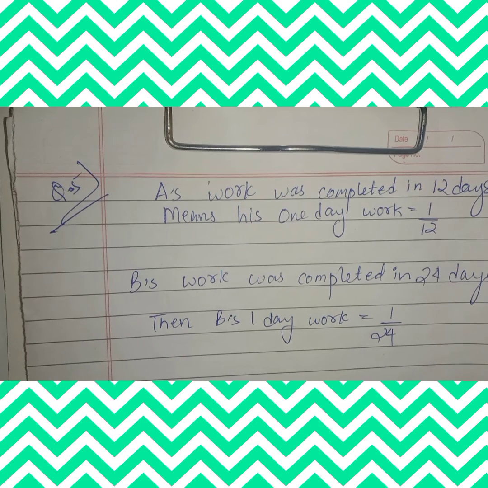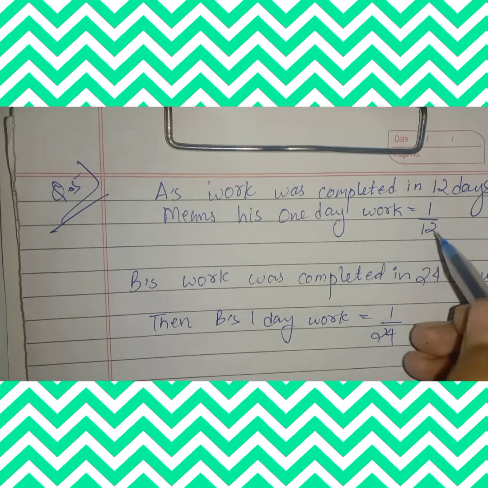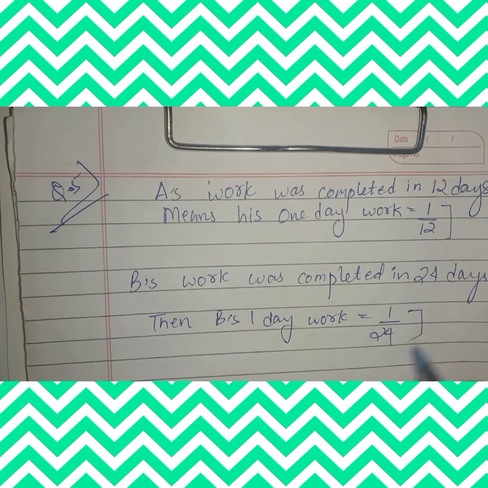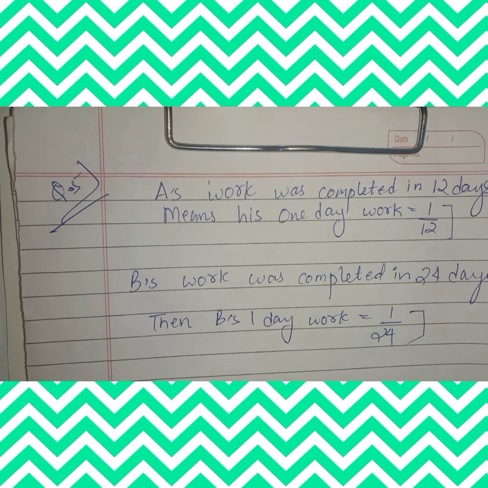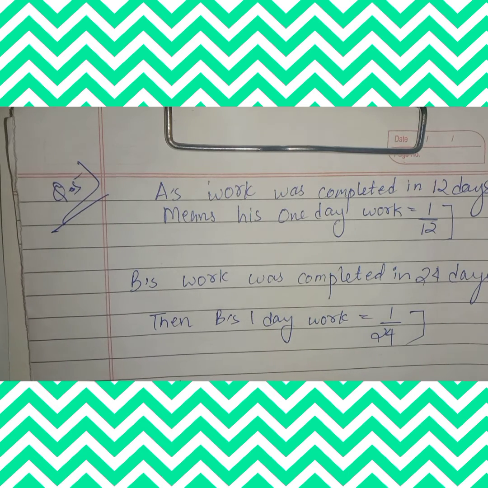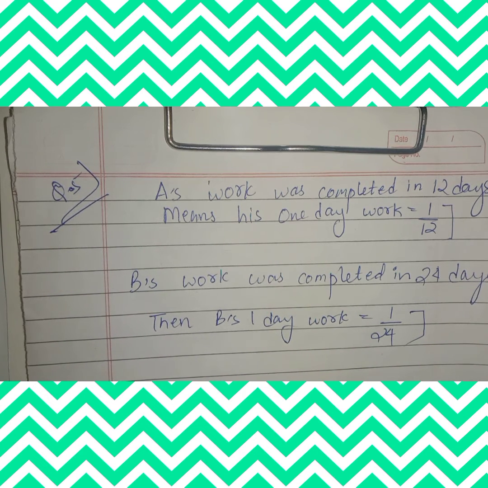Now it is asking that if they both do the same work together, then how many days will it take to complete the whole work? For that we have taken the one day work for both people. So now we will just add the work of A and the work of B for one day.